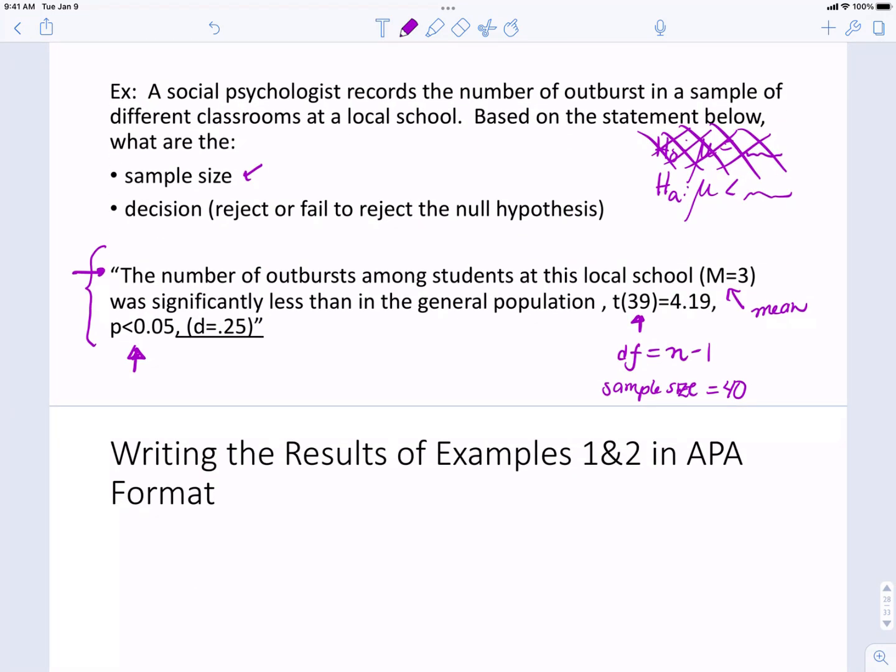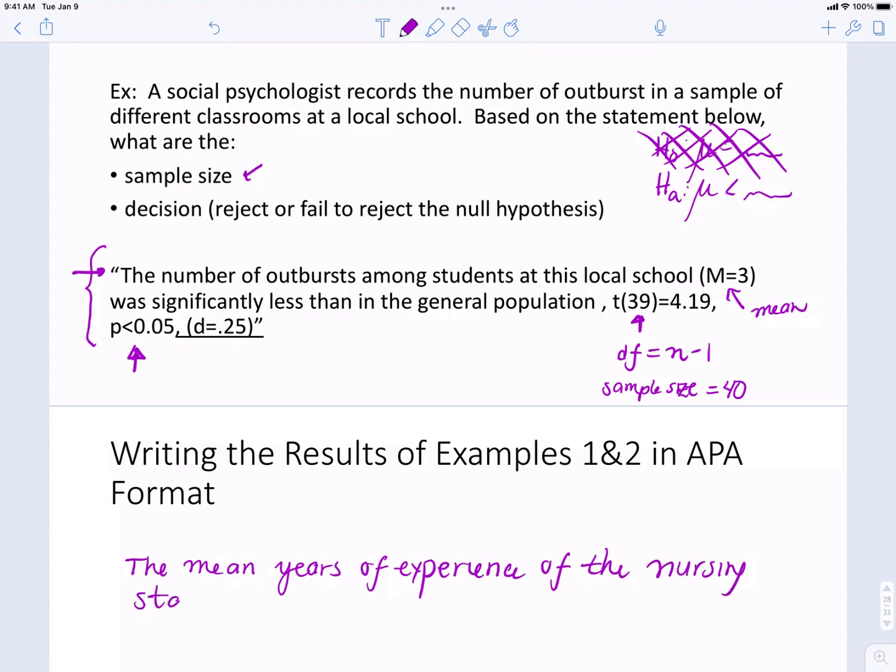So we might start off by saying something like, the mean years of experience of the nursing staff at this hospital, and let's report their mean experience.